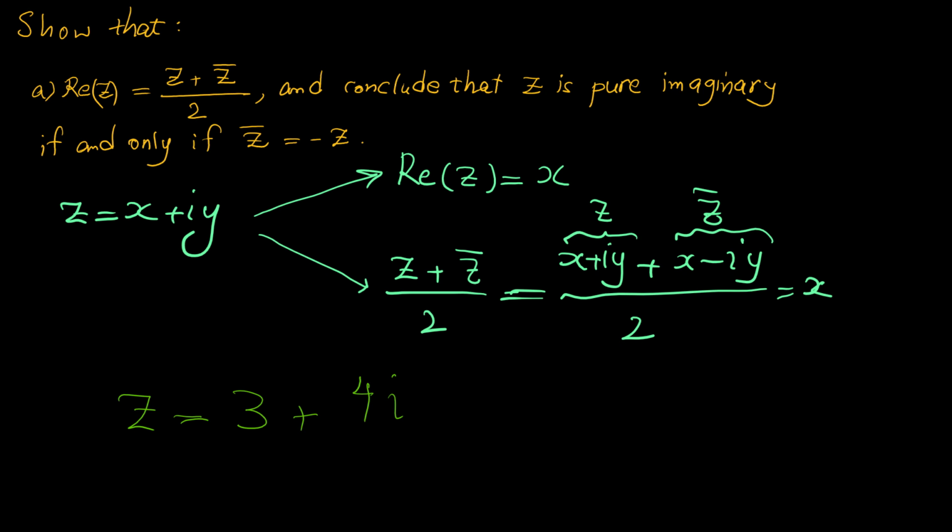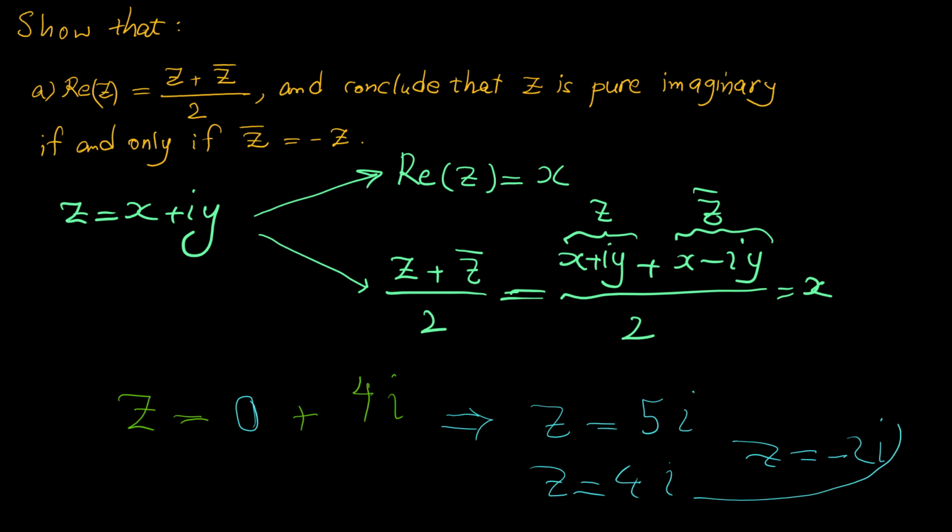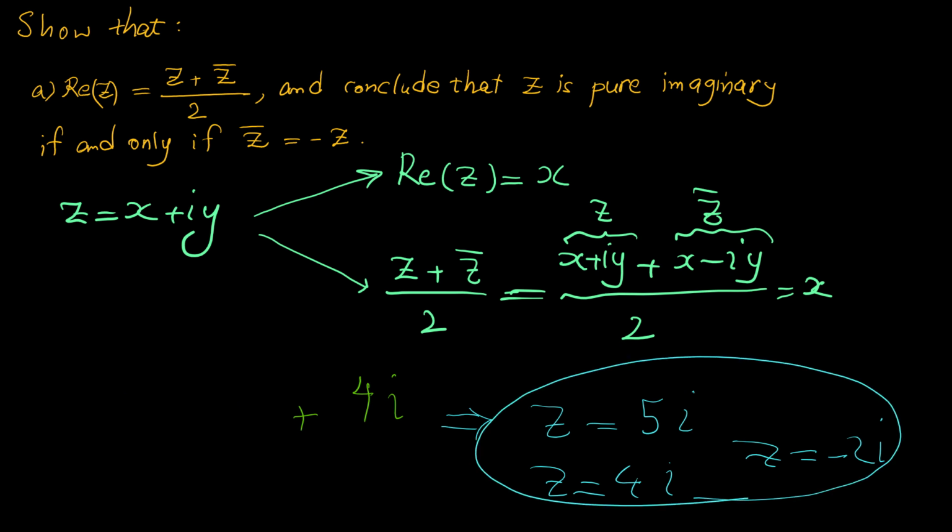But a pure imaginary number is a complex number that its real part is 0. So for example, z equals 5i, z equals 4i, z equals -2i. These are examples of pure imaginary numbers.